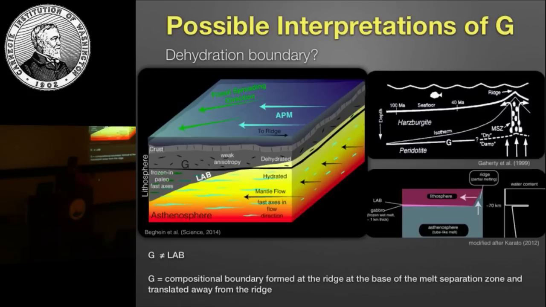But on top of that process, we would have thermal cooling of the plate, defining a thermal lithosphere-asthenosphere boundary. And so we would have these two processes going on at the same time, a chemical boundary inside a layer that's actually just purely thermal, or mostly thermal.